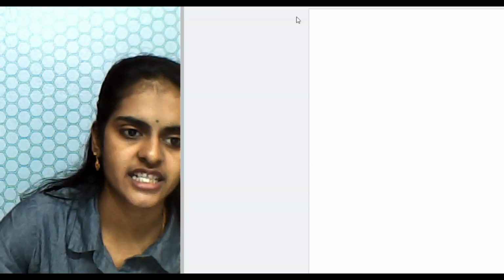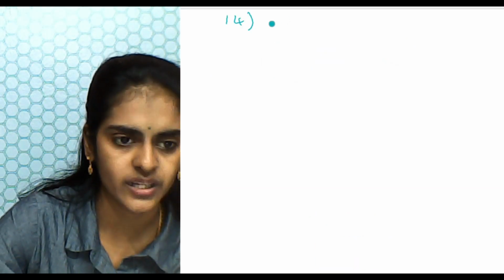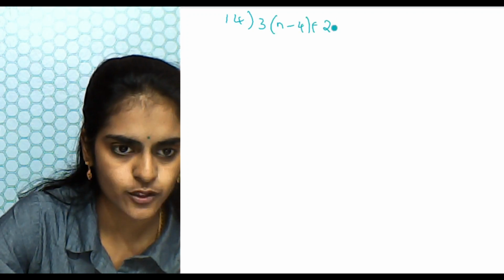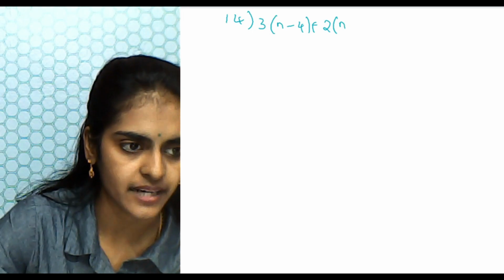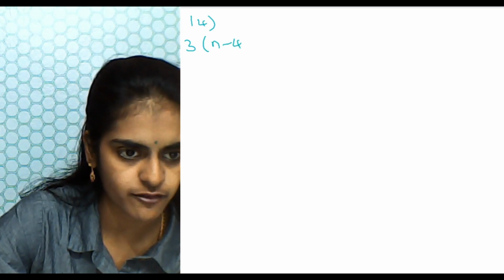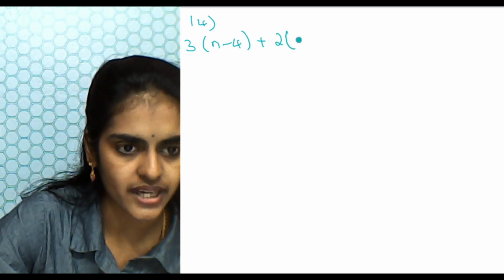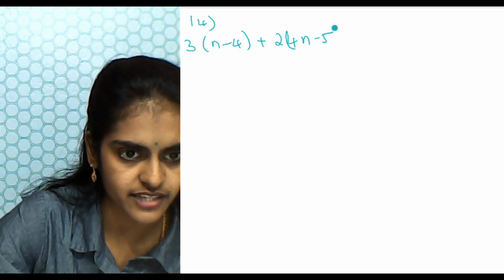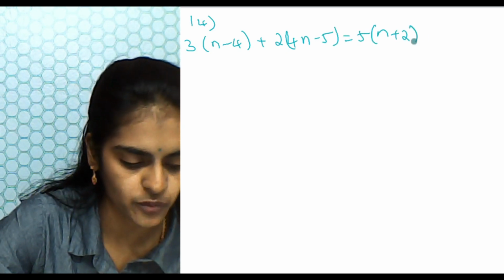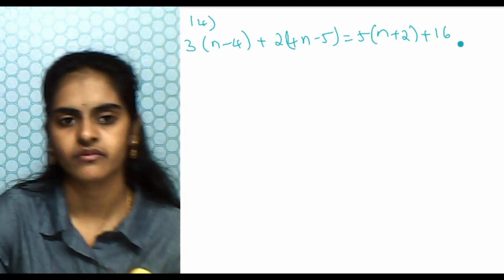Clear? Next one, 14th question. 3 multiplied by (n minus 4) plus 2 multiplied by (4n minus 5) is equal to 5 multiplied by (n plus 2) plus 16. Let me write it clearly.